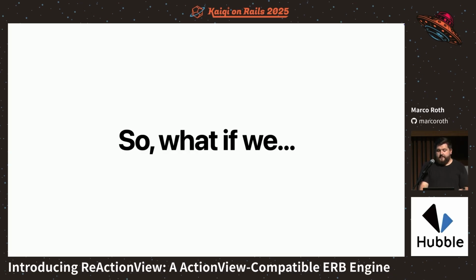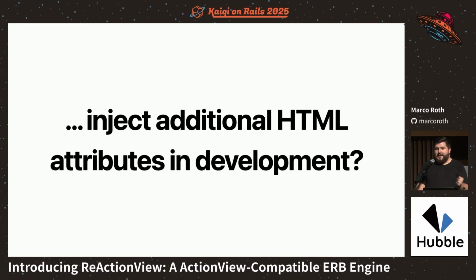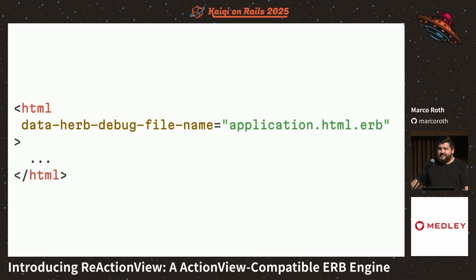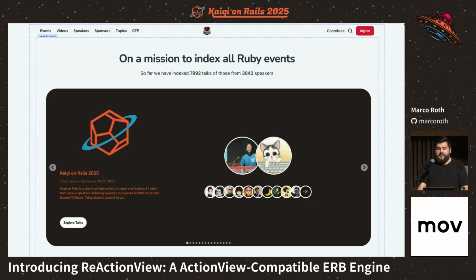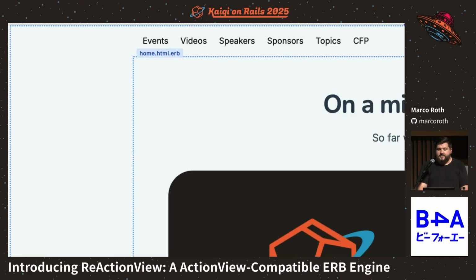So what if we inject HTML attributes in our engine instead of adding these comments? So we add these data attributes with the file names and a little bit of CSS, and then we get these beautiful outlines in our browser to tell us where the templates are.